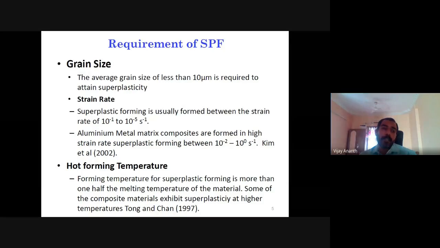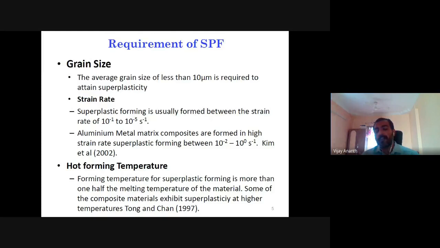So for that, second phase particles will be there. We will see that in the next step. Okay. So for aluminum metal matrix composites, a high strain rate is required for this forming process. Then the temperature, already we have discussed, the temperature should be more than half of the melting point, right?